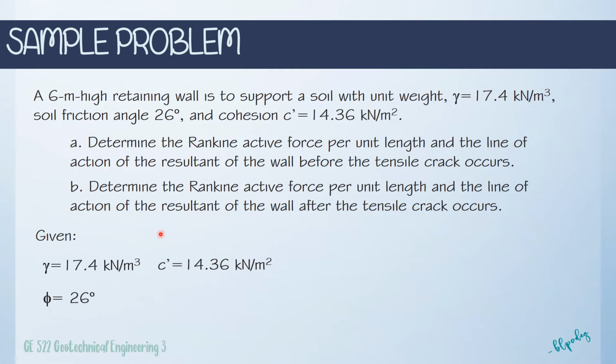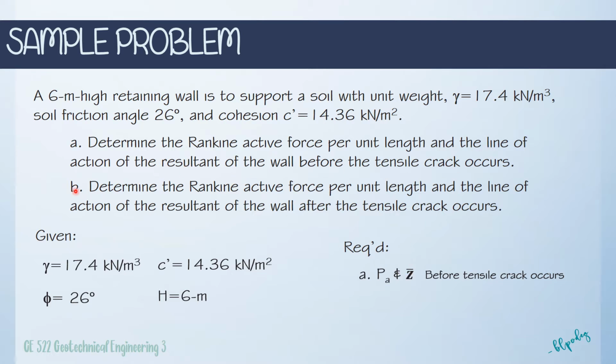So next is letter A and letter B. If you are going to put this into symbols so that you will not be reading it in a statement, required is, and by the way, the height of the wall is also given to be 6 meters. Required is simply the active force per unit length and the line of action of the resultant.